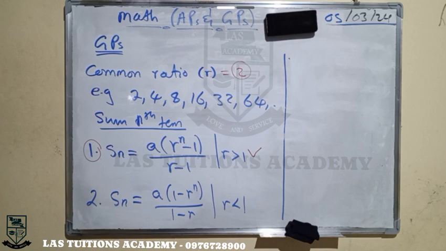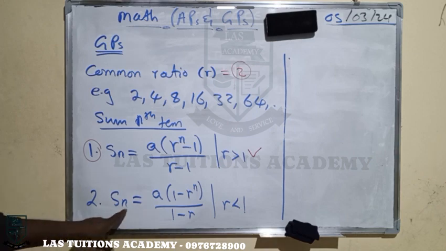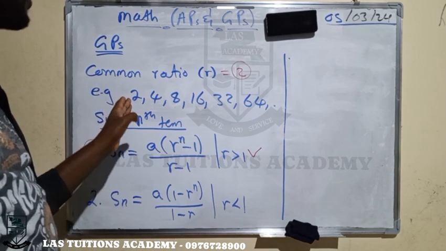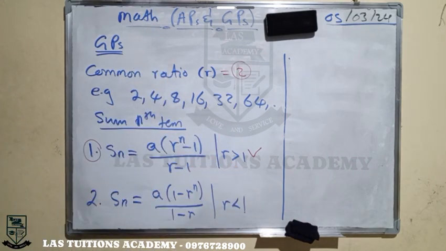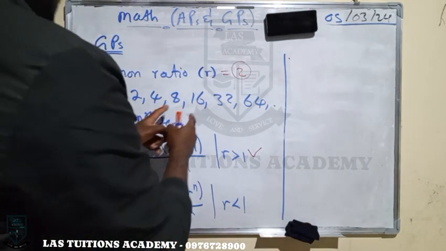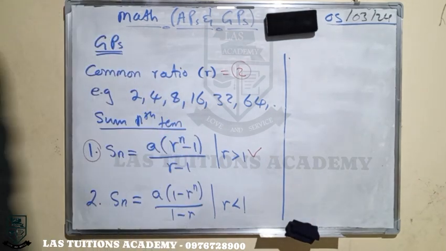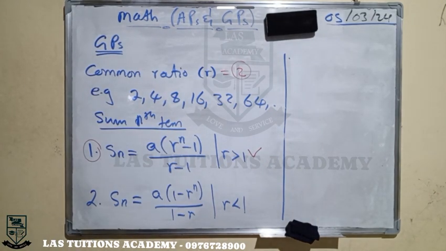When you are summing to the nth term, it means you start from one, you add until that term that you are looking for. So you add the first 5, the first 10, the first 20. There's nothing like you skip the first one, then you come and add these two. So when we say sum to the nth term, we start from the first one all the way up to that term which we are looking for.